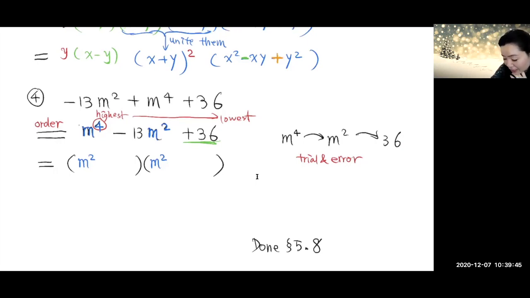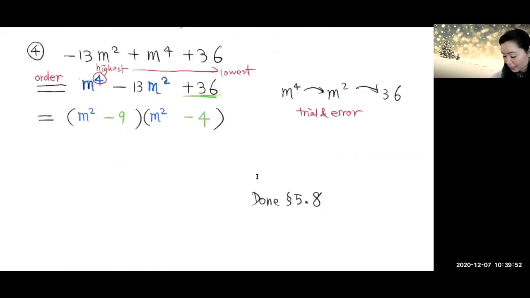Okay, thank you. So minus 9 minus 4. Okay, right here. Good job. Okay. So negative 4 times negative 9 is positive 36. So when this is positive here, the two will have the same sign, either both positive or both negative. Because I want the sum to be negative, both of them will be negative. So these two add up to negative 13.